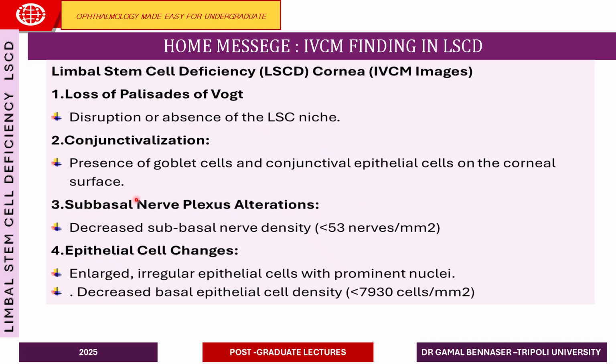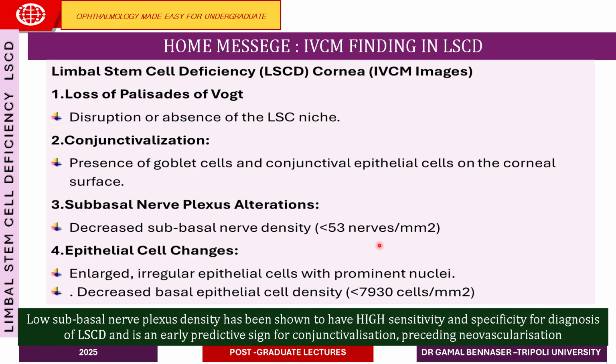The pathognomonic feature is the loss of density of the subbasal nerve plexus, along with the epithelial changes in the form of indistinct borders, prominent nuclei, and irregular shape of the cells, and along with the stromal changes. The other thing, as I said, is that the subbasal nerve plexus shows a very high sensitivity and specificity for limbal stem cell deficiency, and it is useful in early prediction of conjunctivalization and also precedes neovascularization.